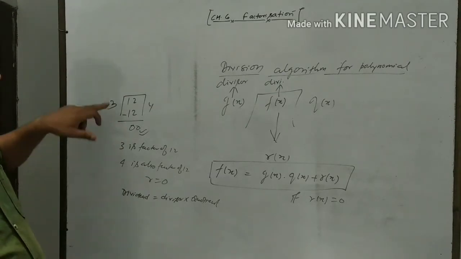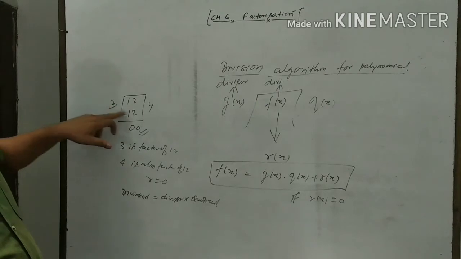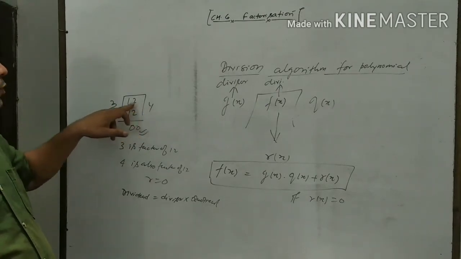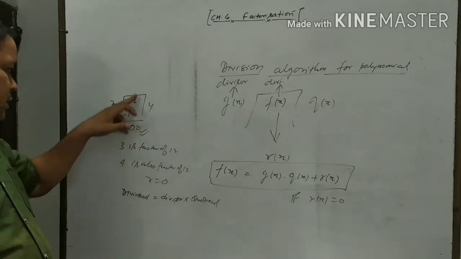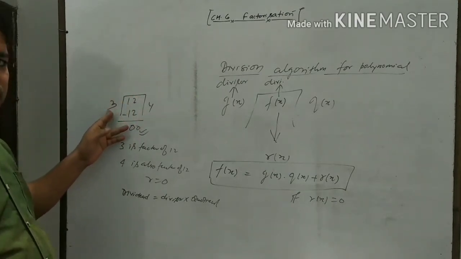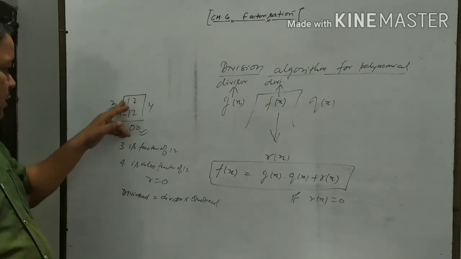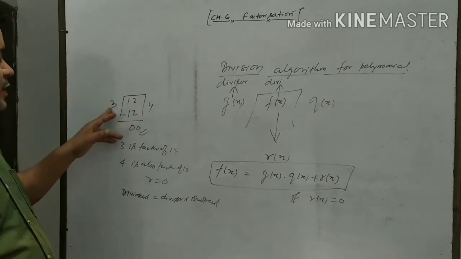Here we can say that 3 is a perfect divisor of 12, meaning 12 is exactly divided by 3.